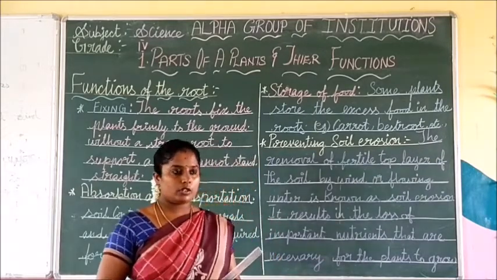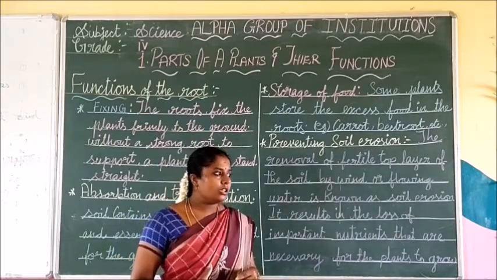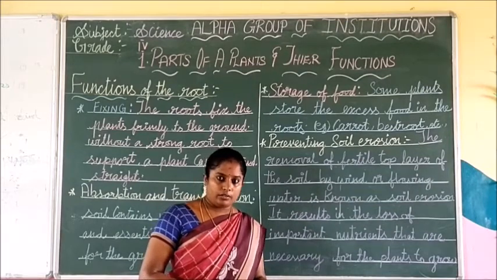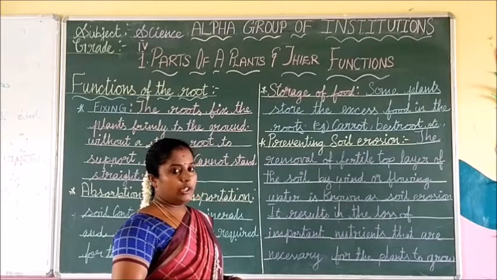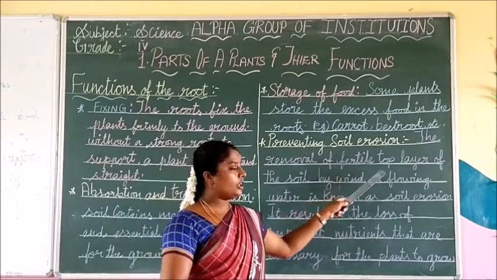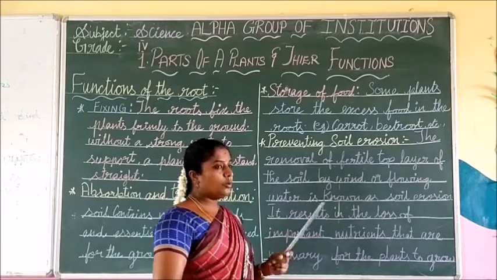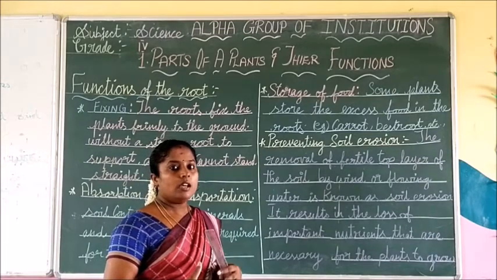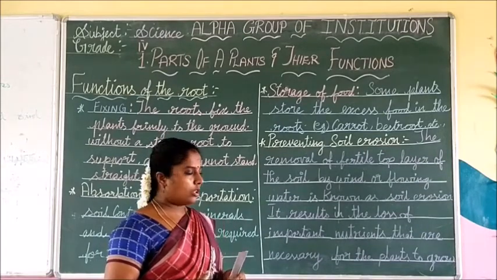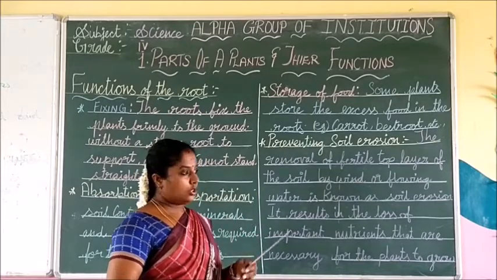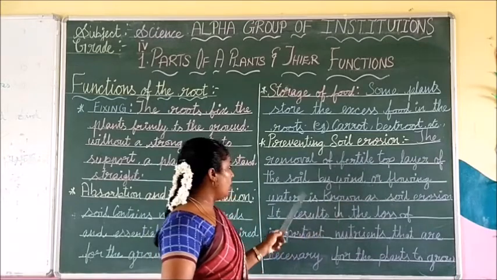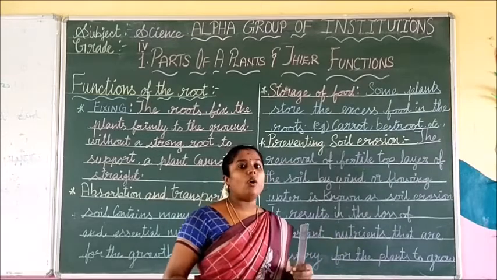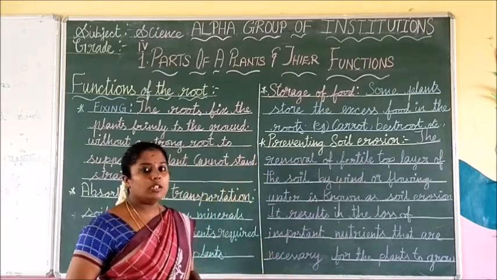What is soil erosion? Soil erosion means the nutrients and essential minerals in the soil getting destroyed. The removal of the fertile top layer of the soil, which contains nutrients and minerals, by wind or flowing of water is known as soil erosion.